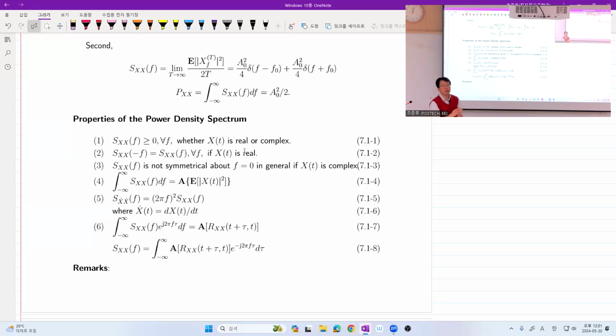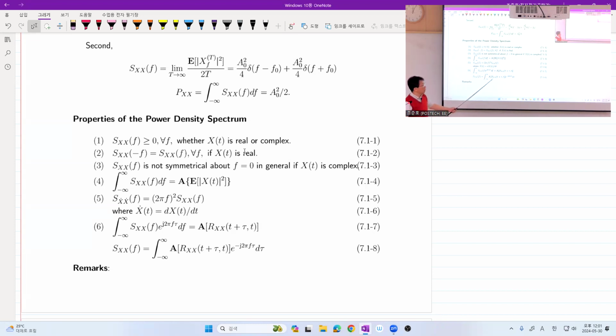It's always a real non-negative function of f. And you can also show that if the function is a real function, then due to the property of the Fourier transform of a real valued function, you have this result, the symmetry of the power spectrum. And some other things.